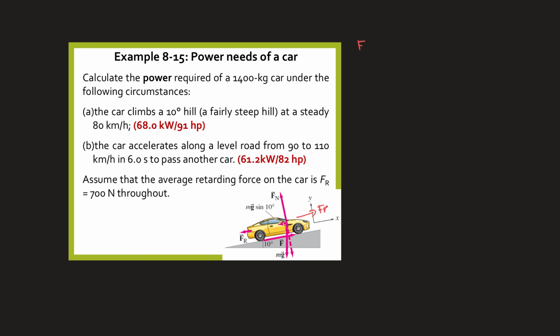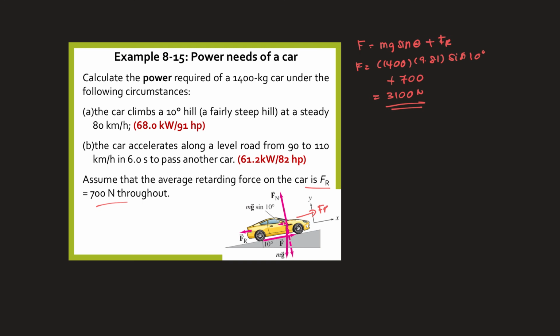So you are going to get the push force, which equals mg sine theta plus the retarding force, because they are in the same direction. So F equals 1400 times 9.81 sine 10 degrees plus the retarding force already mentioned here, which is 700 Newton. So you are going to get 3600 Newton.